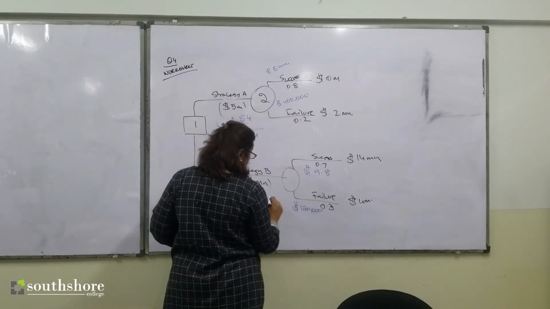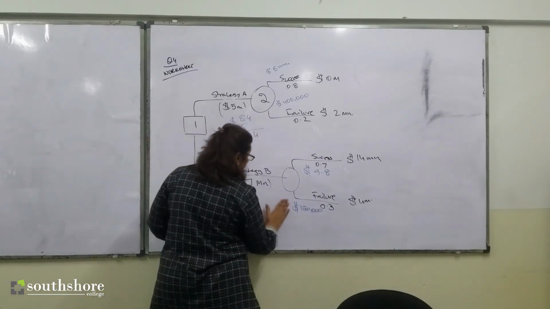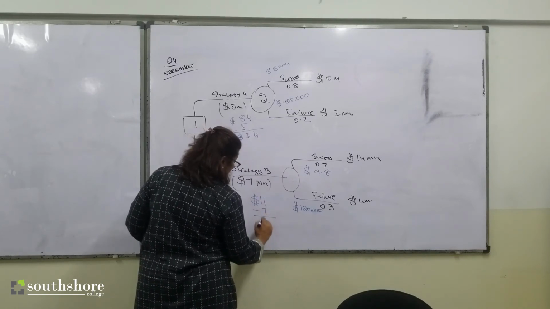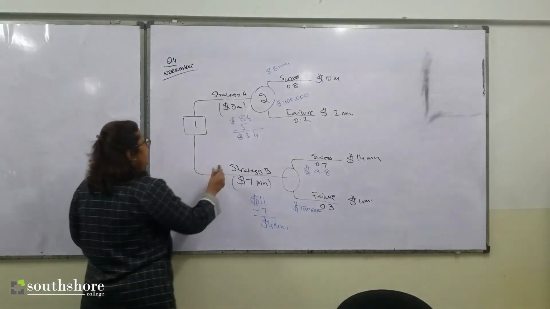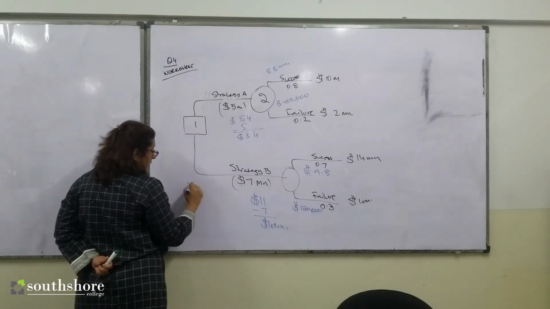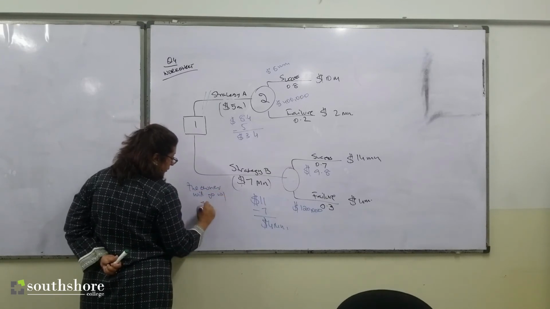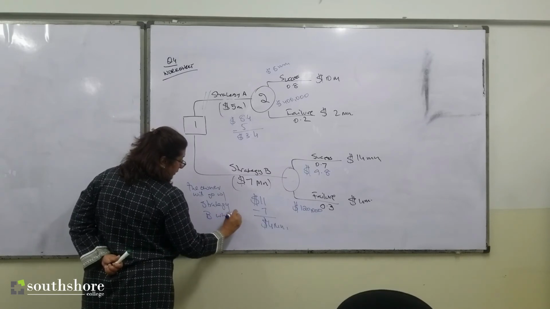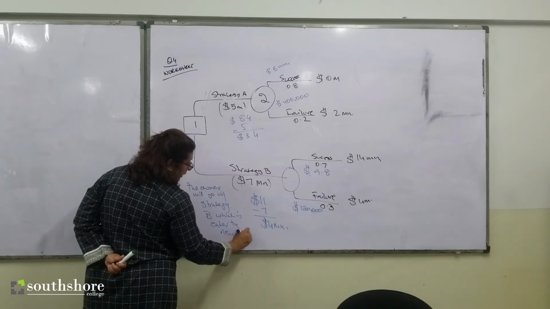So this becomes 11 million. This is 11 million minus 7 is 4 million. So between the two of them, he will go with strategy B, which is he is going to go into the new market. The owner will go with strategy B, which is enter the new market.